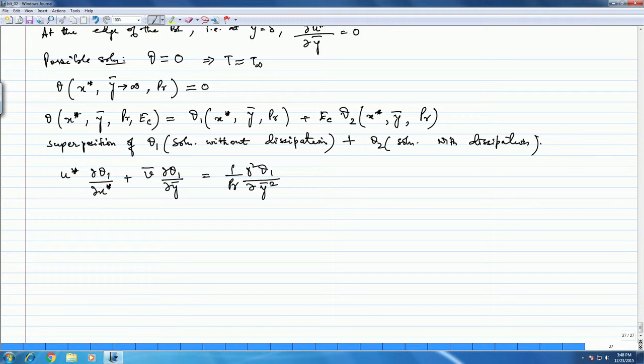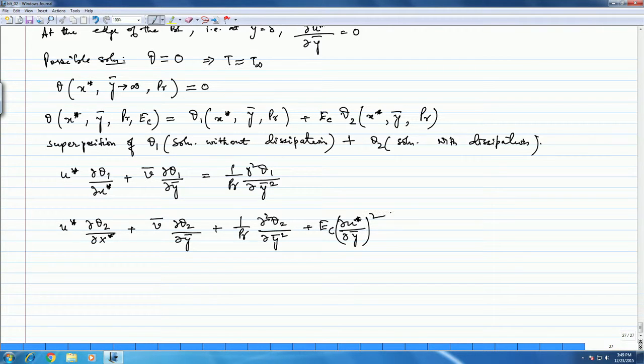These are nice equations which we can write, plus this is the equation which has the dissipation effects.